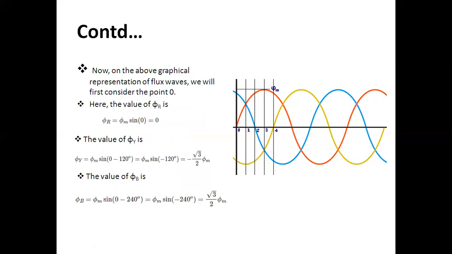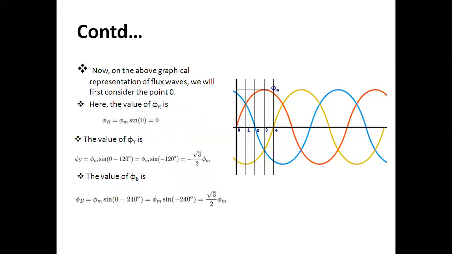The value of phi y is equal to minus root 3 by 2 phi m for omega t equal to 0. And the value of phi b is phi m sine (0 minus 240 degree), that is phi m sine of minus 240 degree, that is root 3 by 2 phi m.